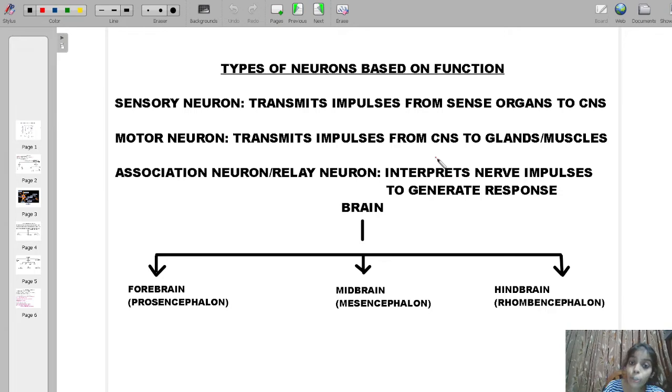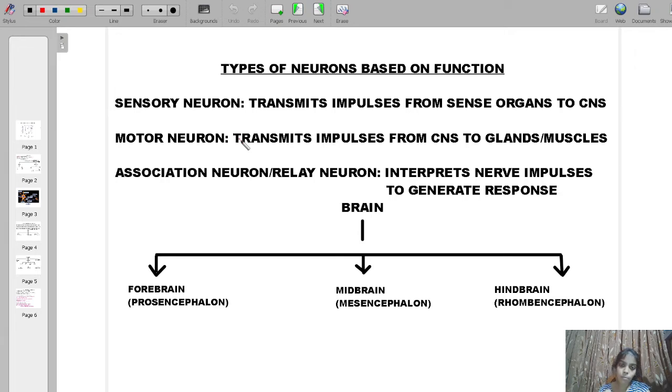After the response has been created, that will be carried by the motor neuron to the specific gland or to the specific muscle. Suppose somehow an insect bites over here. Immediately my reaction will be that I'll rub my hand or do something like that. Why? Because motor neuron from my brain or from my spinal cord will carry the nerve impulse to the muscles of my hand.